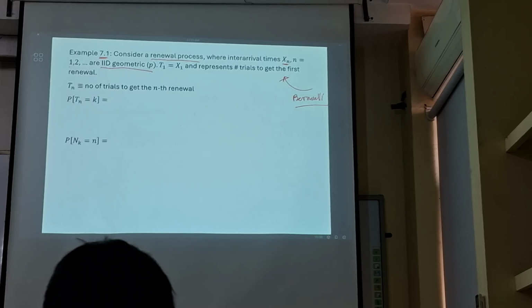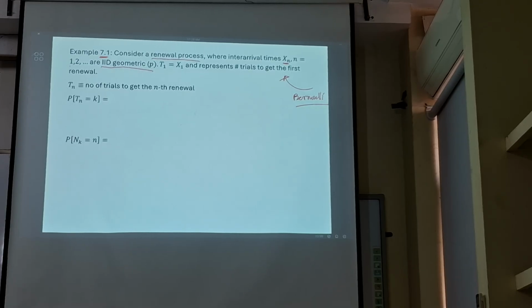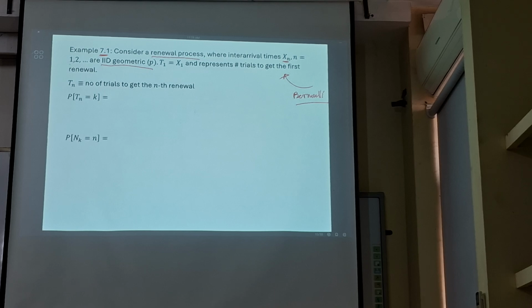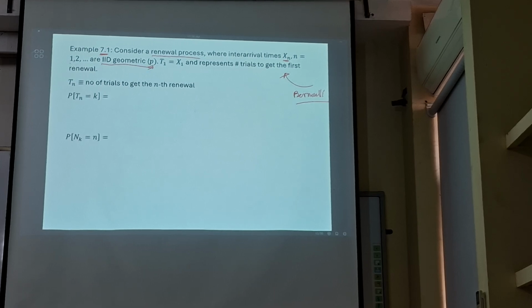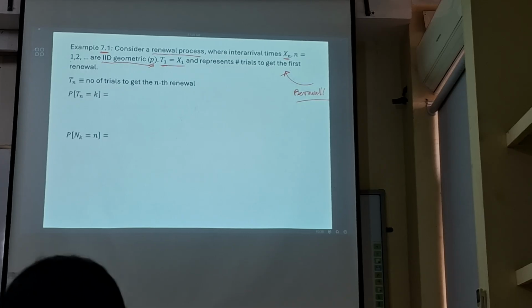We started this one very shortly. So now, it is a Bernoulli process. And what happens? Let's say the inter-renewal times are IID with geometric distribution, parameter p, and T1 equal to X1.